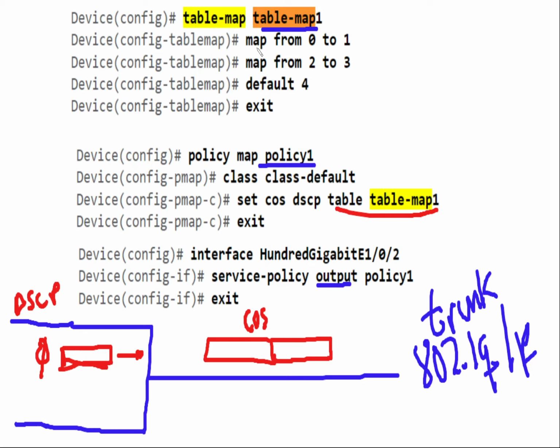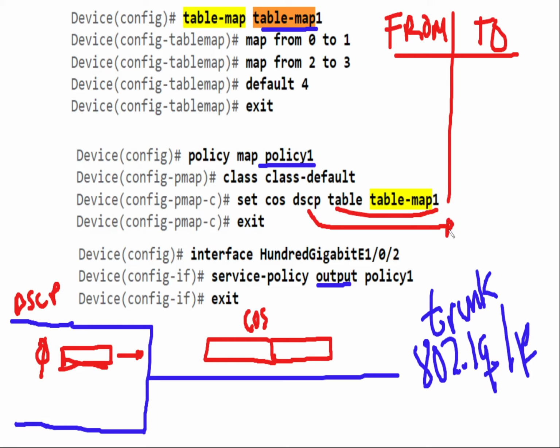This table map here is using a from value and a to value. When we apply this table map, we are saying that the from value is a DSCP value, and the to value will be cost.